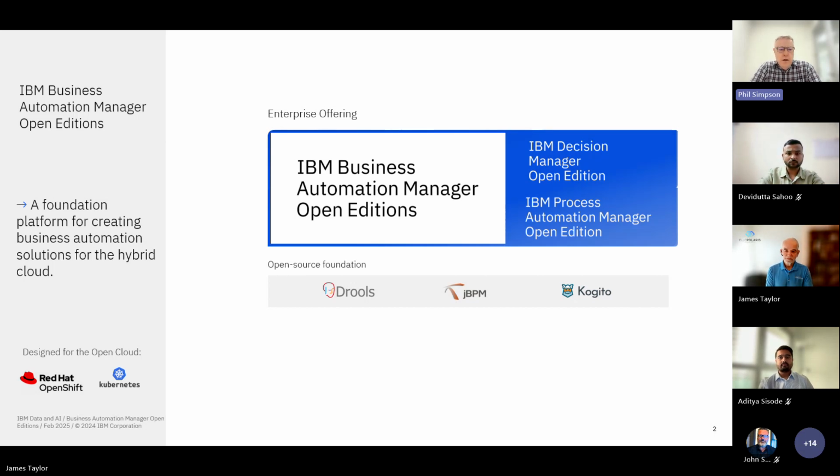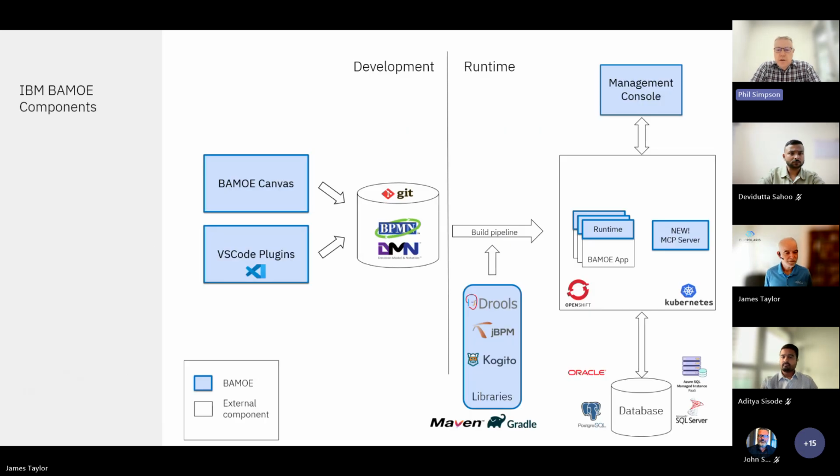Next slide, just to quickly illustrate what you get with BAMOE, the contents of the offering, just so you get some context, I think, for the demonstrations you're going to see next. But fundamentally, like all business automation platforms, BAMOE has two parts to it.